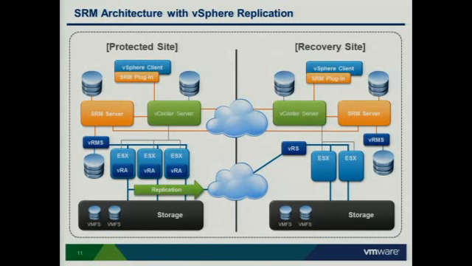It then writes through the ESX server to the VMFS storage that's here at the recovery site. The VRMS is just responsible for mapping the source VMDK files to which destination VMDK files. If you're familiar with SRM today, it's similar to what an SRA is, and it allows SRM to use vSphere replication.